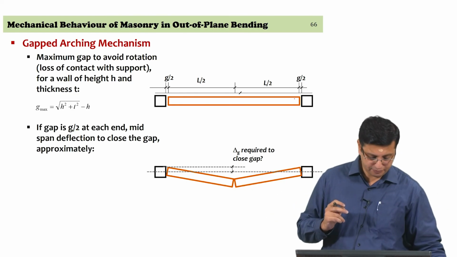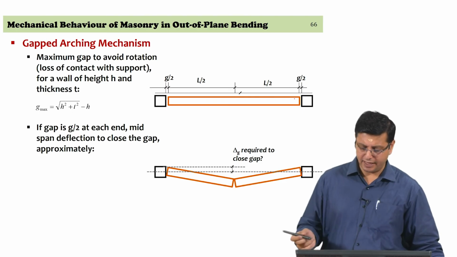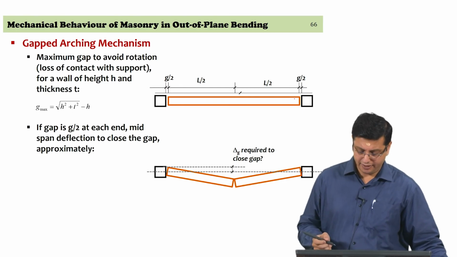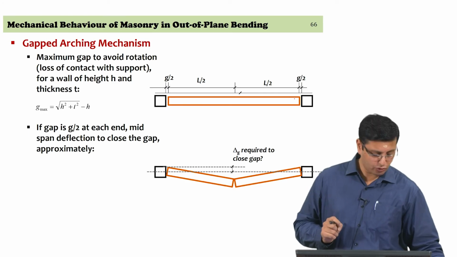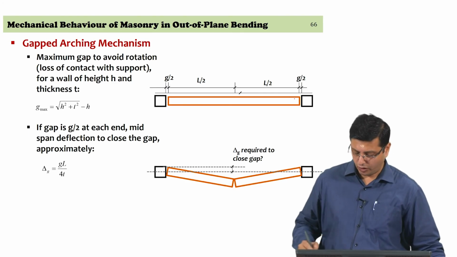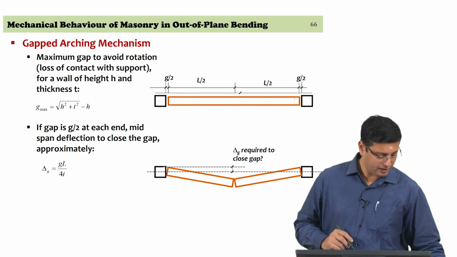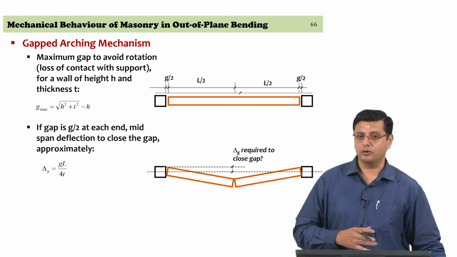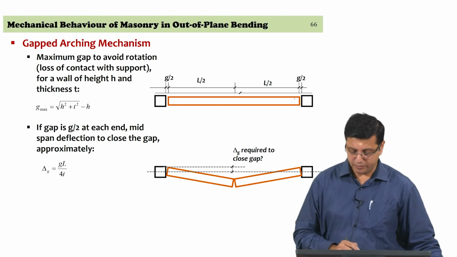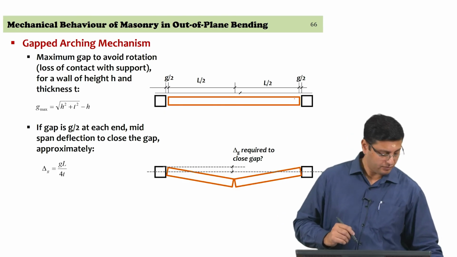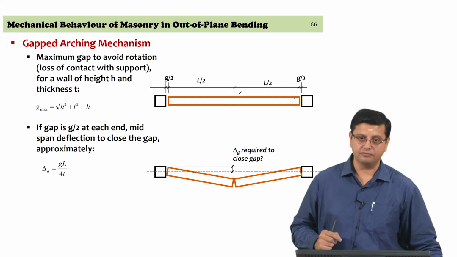So, for that, let us assume that the gap itself is G by 2 at each end. How much deflection at midspan is required, so that you close the gap, and again from geometry you can make an approximate estimate that this is about G into L by 4 times T from the geometry of the deflection itself.